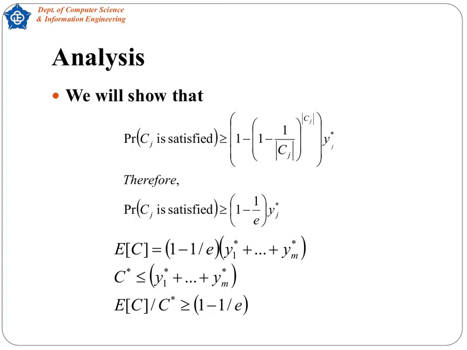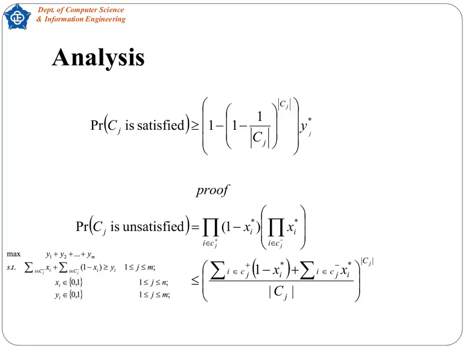Since the optimal integral value, OPT, can be no larger than y1 star plus through ym star, we conclude that E[C] over OPT is greater than or equal to 1 over e, which gives us our 1 over e approximation guarantee. Building on our overall approximation guarantee, we now zoom in on a single clause C and establish a firm lower bound on the chance it's satisfied by our randomized rounding.